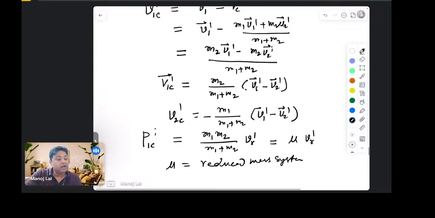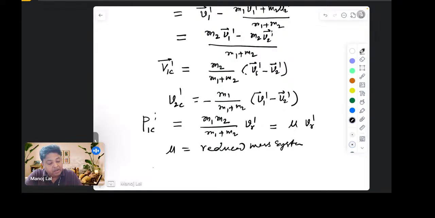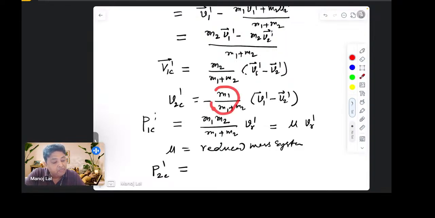And similarly, for the momentum of the second particle in the center of mass frame, I have to multiply this with m2. So what will I get? M1 m2 by m1 plus m2, with the minus sign only.